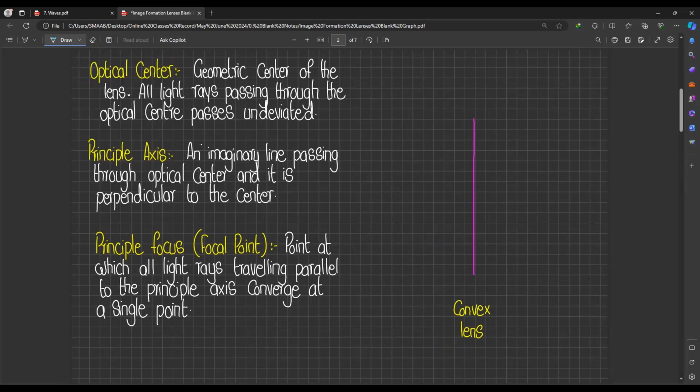And this is our principal axis. When a light ray starts to move parallel to the principal axis, there are three basic principles we are talking about.